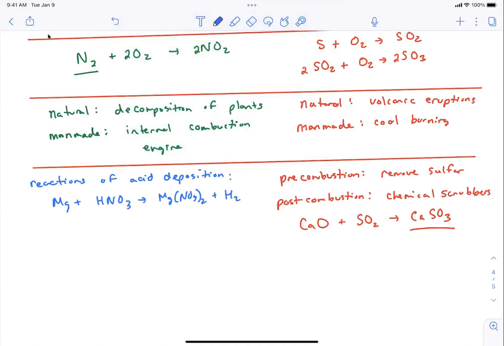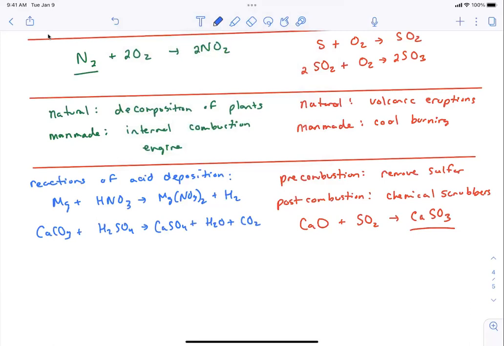Or you might see something like calcium carbonate reacting with sulfuric acid to form calcium sulfate, and then water, and then CO2.